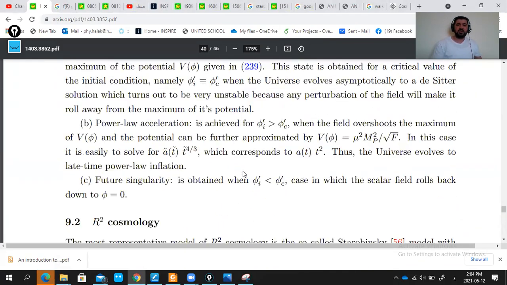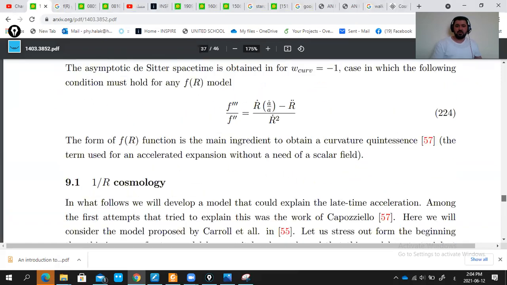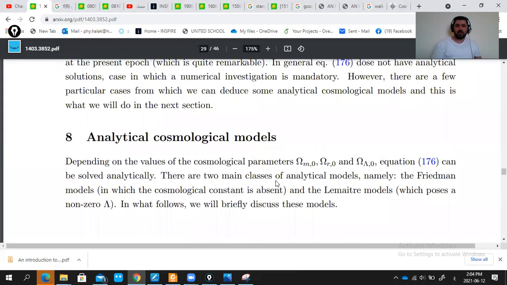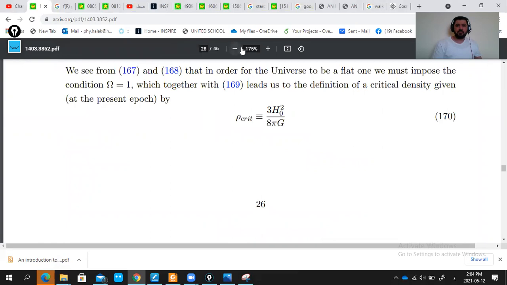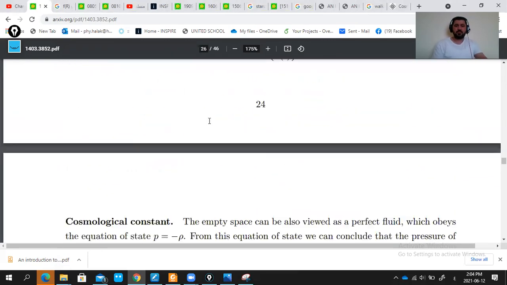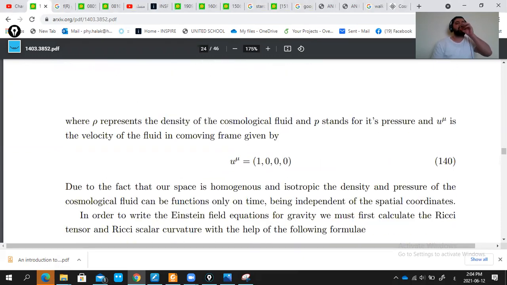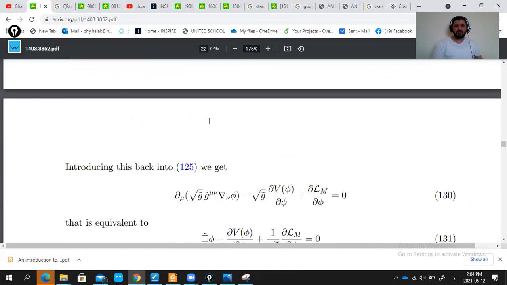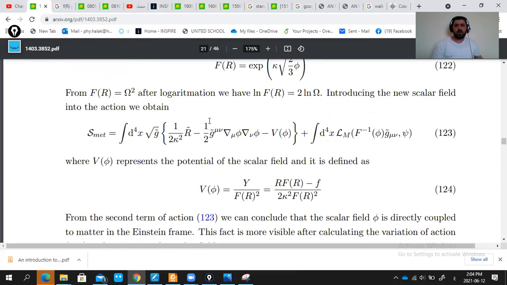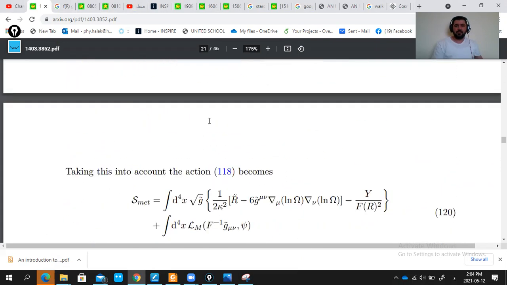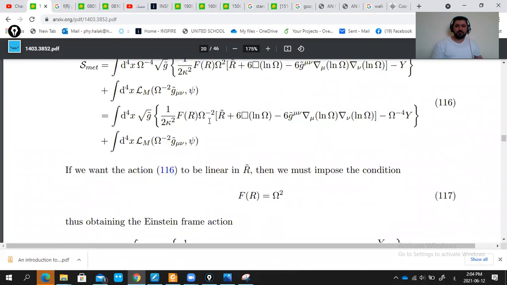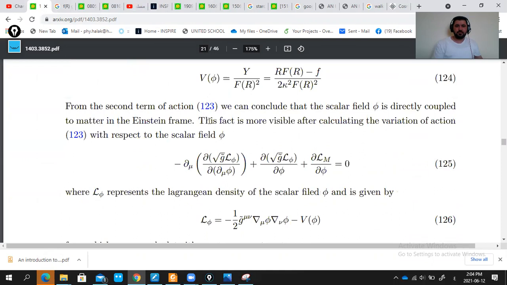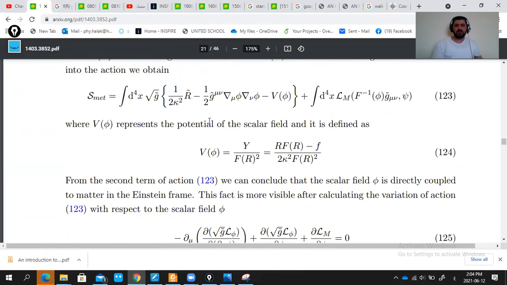So all we need is to go back to these equations. Let me show you the equations.